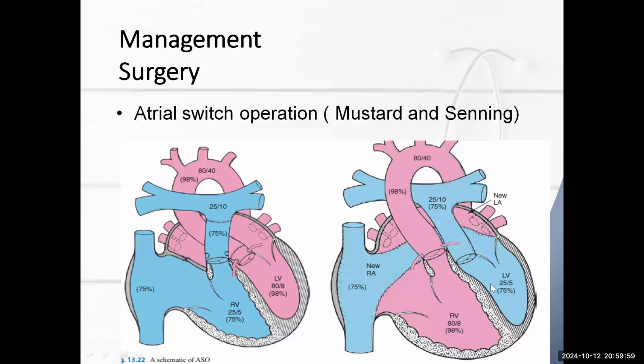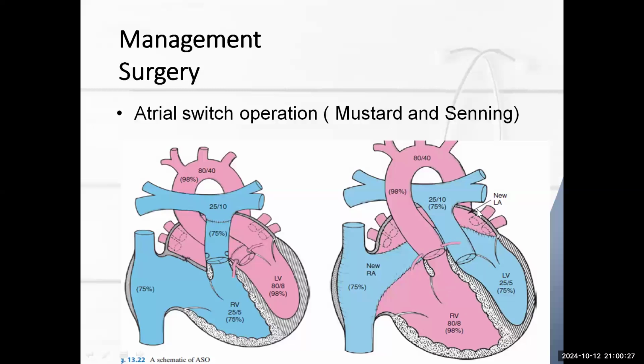But because it is not physiological, it is not normal circulation, we have lots of complications. The first complication is in these tunnels: sometimes they will have a leak, sometimes obstruction. These tunnels go through the wall of the atrium, so this patient is susceptible to arrhythmias. Still, the RV is the systemic ventricle here.